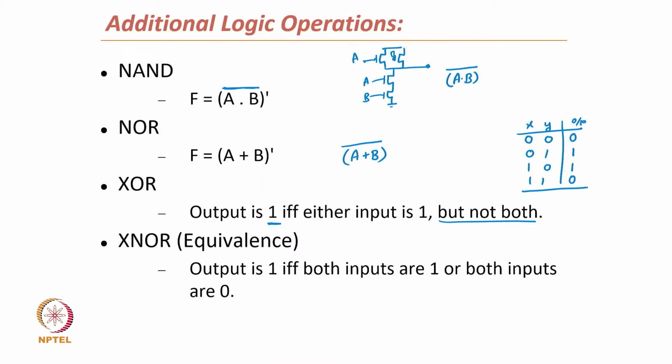So, this is one of the gates which is very widely used in logic design, because it has a very good property: this gate can act as a comparator. For example, if we want to detect whether two signals are same or not, then this gate is very useful. When both the signals are 0 or both of the signals are 1, then the output is 0.